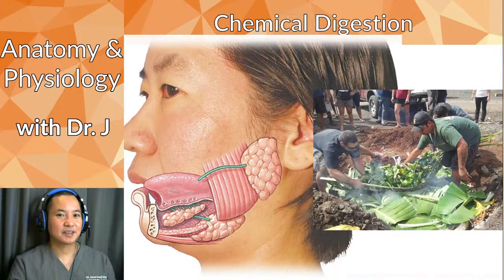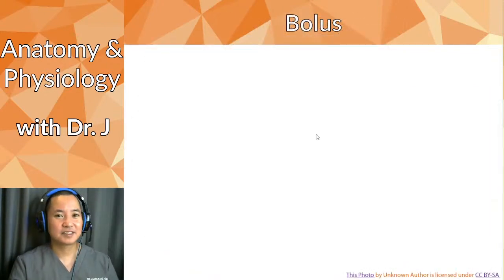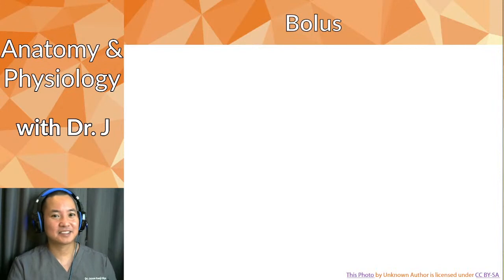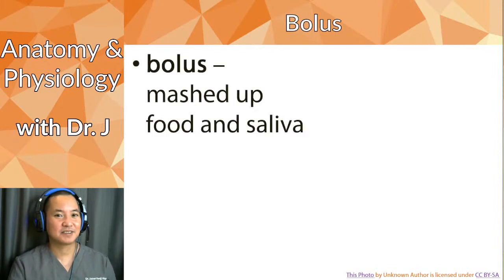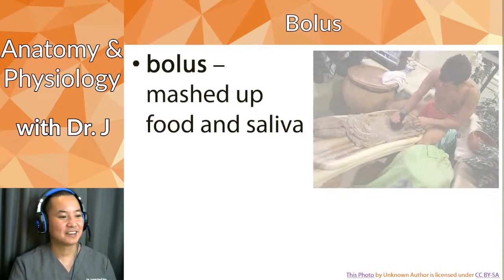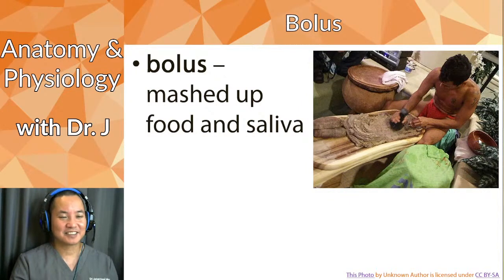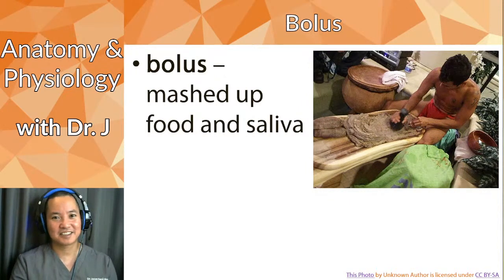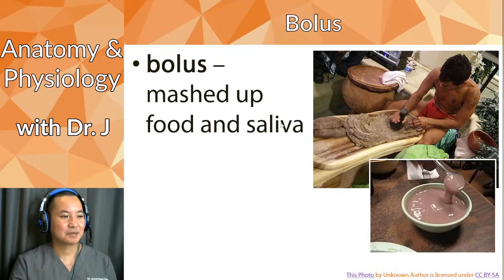Eventually, you'll get something called a bolus. And so what is a bolus? It's just that mashed up mixture of food and saliva, so that semi-solid paste. So this is why I use that poi analogy. You're taking mechanical digestion, you're converting chemically, and you're making a paste. And that's what we have with the bolus of mashed food combined with your saliva through mechanical and chemical digestion. That final product is a bolus.